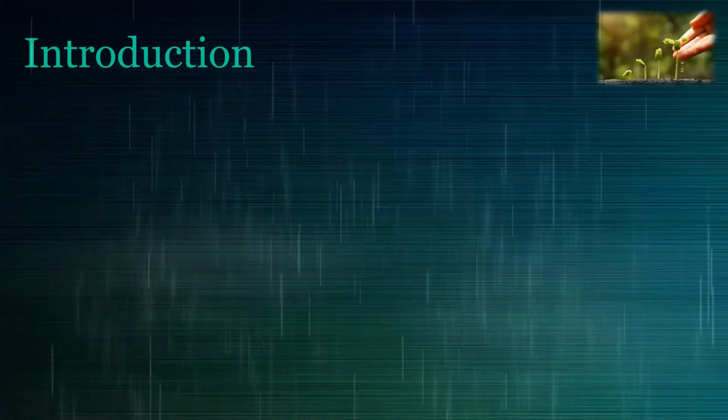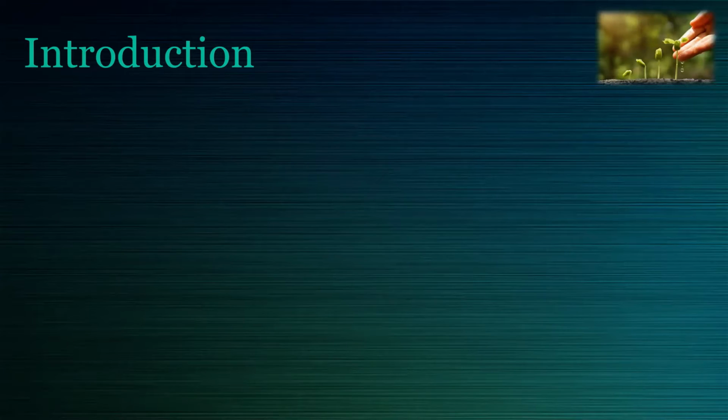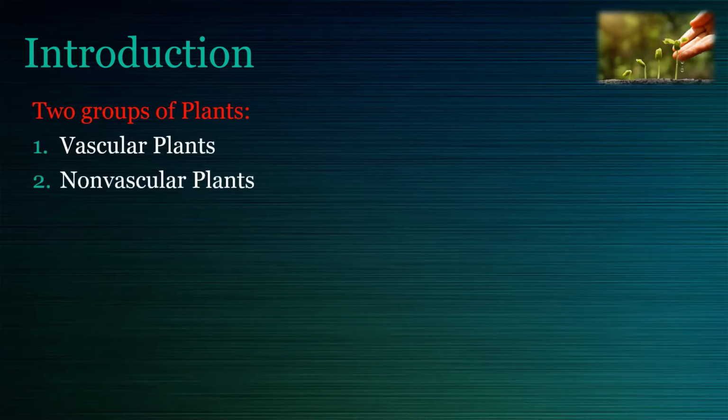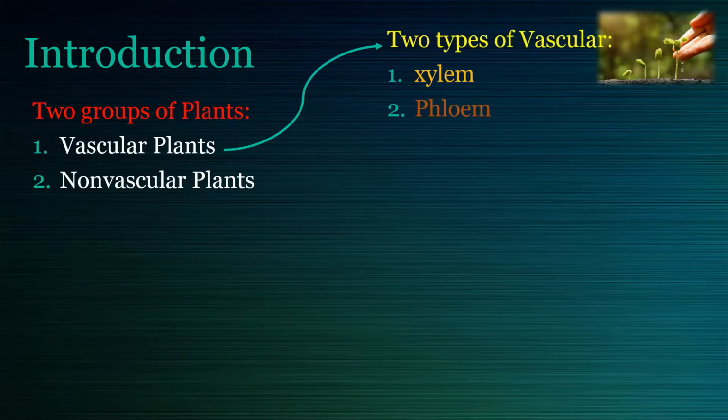Plants need water. Plants can be divided into two groups: vascular and non-vascular plants. Vascular plants have two types of transport tissue for the transportation of substances, and these are xylem and phloem.